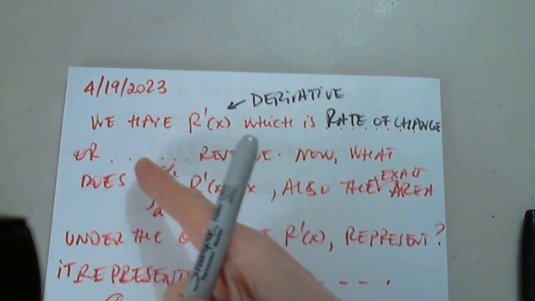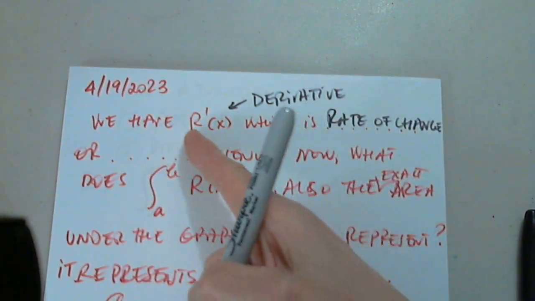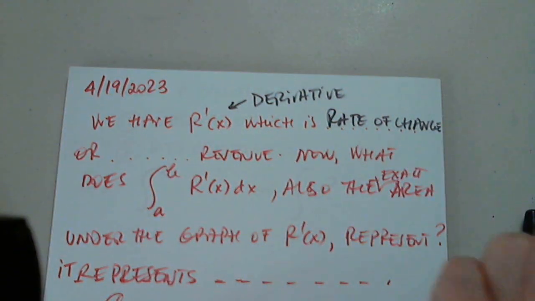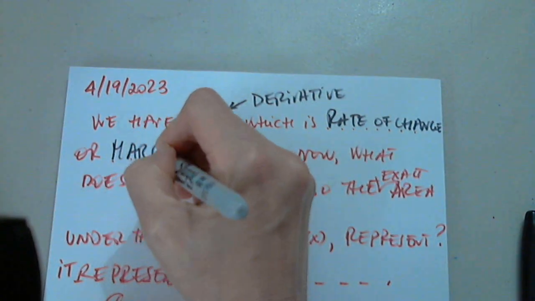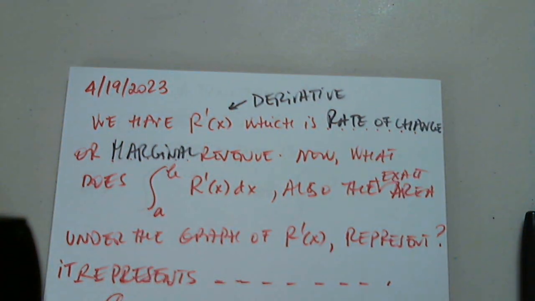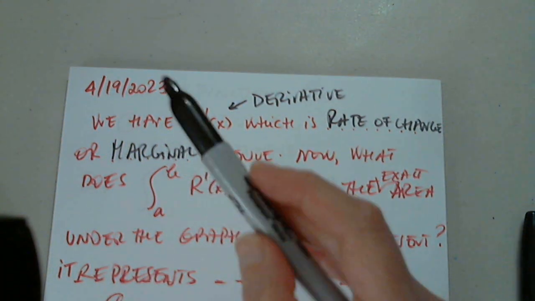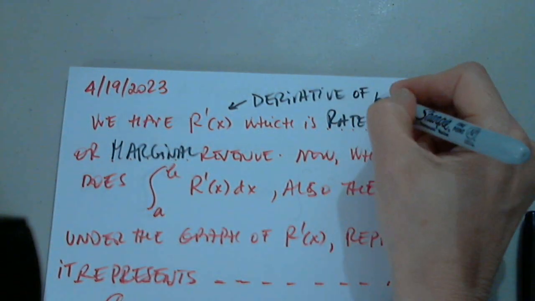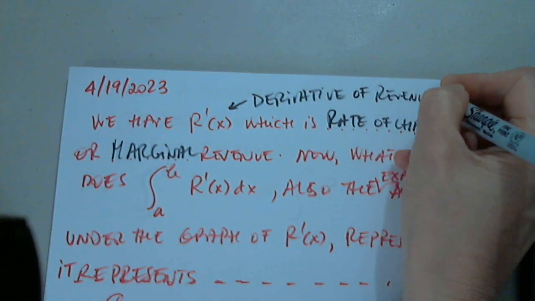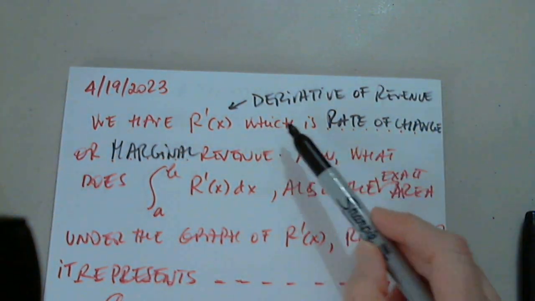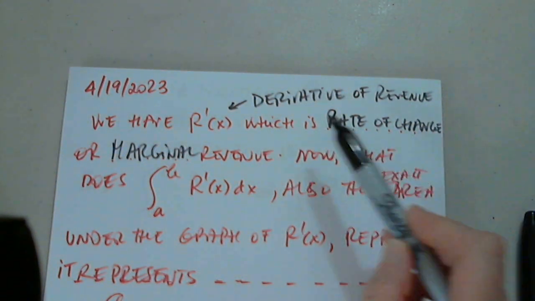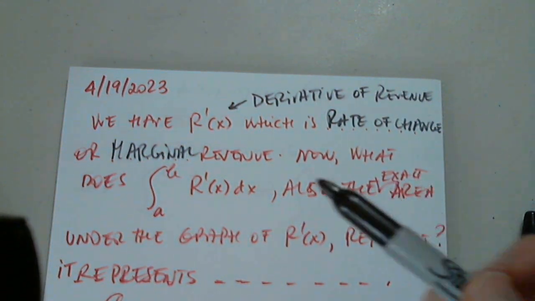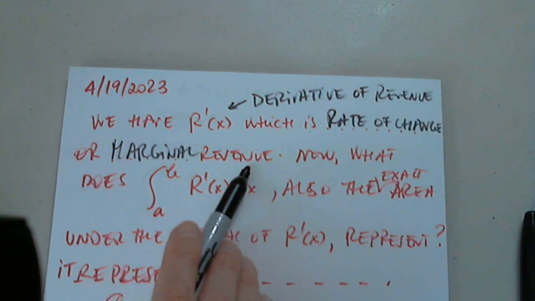It has another name. It's called marginal revenue. Thank you very much. That's the name of it. So R prime is the derivative of the revenue, and it represents the rate of change. How fast is the revenue changing for a particular x value? It's also called the marginal revenue.